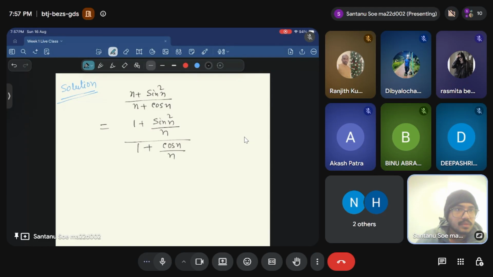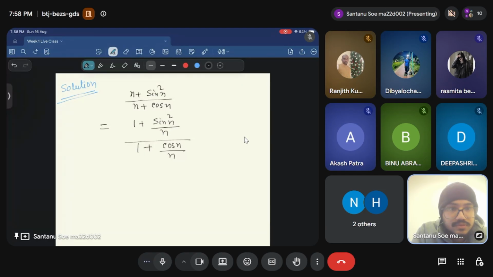Now we have to find the limit of this term. We don't have to find the limit of the first term, right? To find this limit, you just have to check the limit of sine square of n divided by n and the limit of cos n divided by n as n goes to infinity.